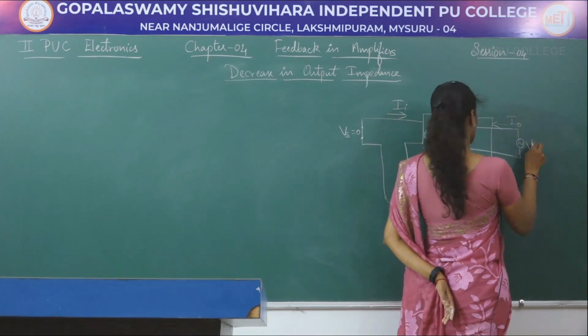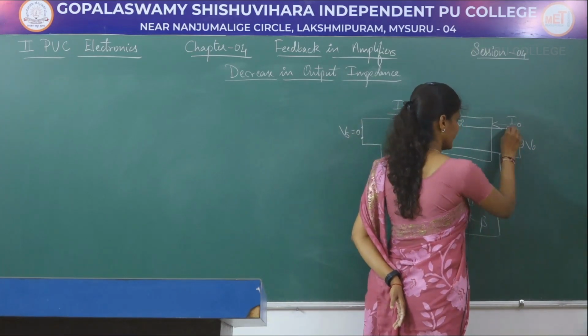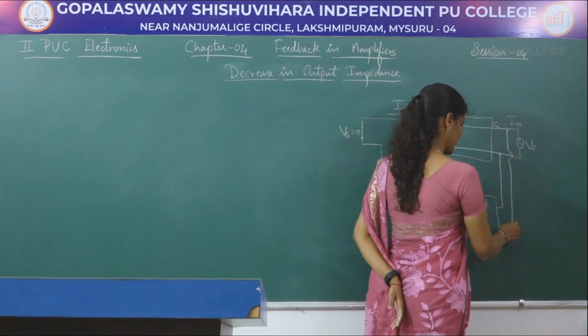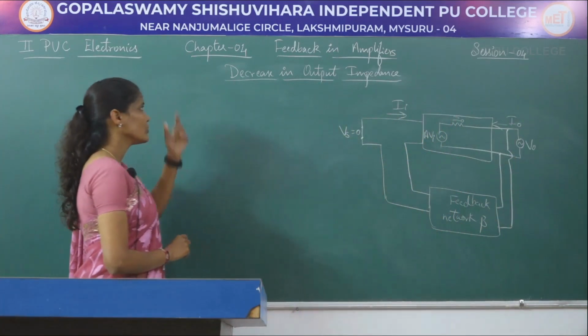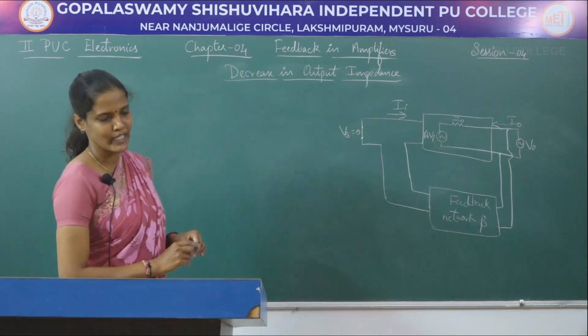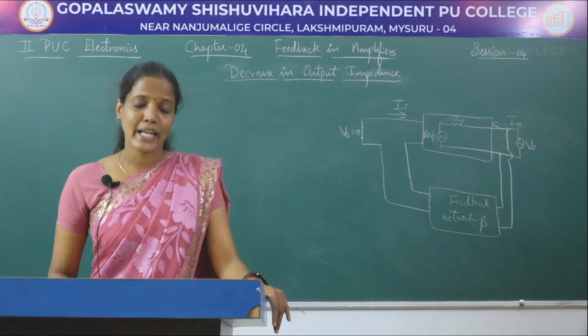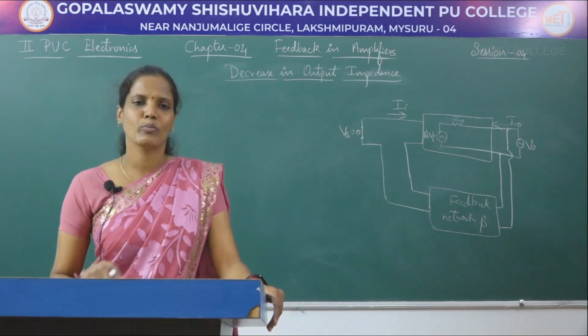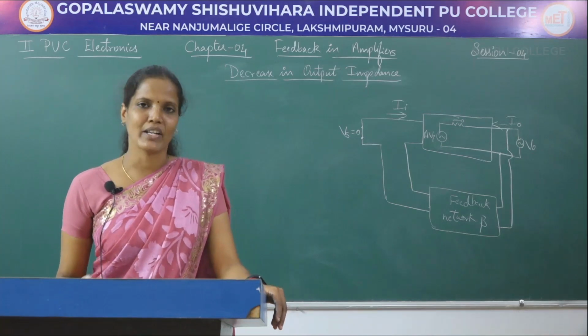Let me consider this as V0, and this will be fed back in this manner. So, this is the block diagram we are going to use in order to decrease the output impedance of an amplifier circuit, which is a very important criterion in order to get the efficient output at the amplifier circuit.